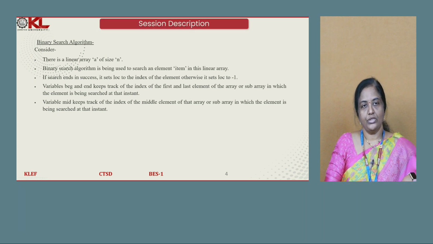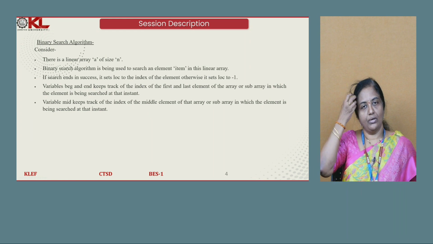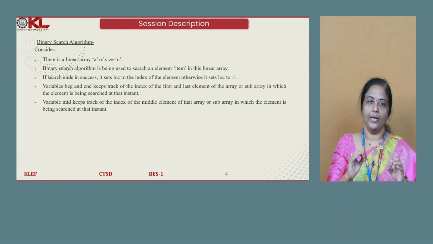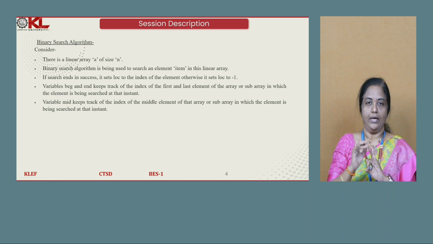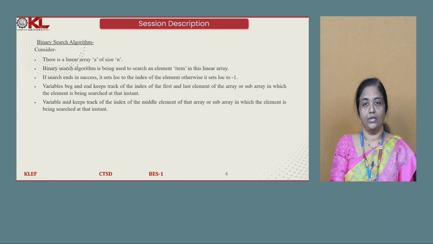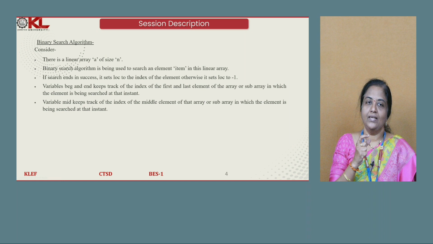So what is the procedure in your binary search algorithm? Instead of comparing each and every element starting from the first element till the end, or until the element to be found is found, here you always compare the element with a special element. Got it?